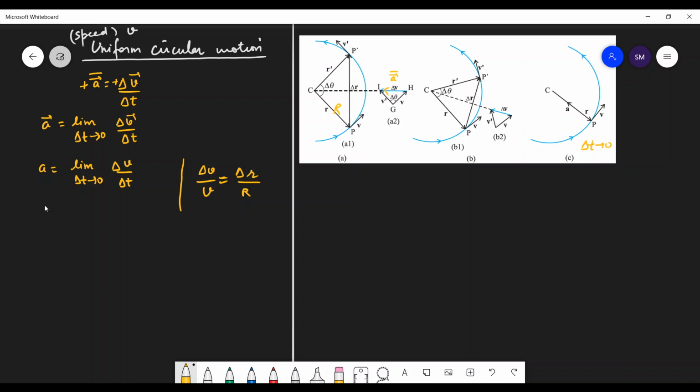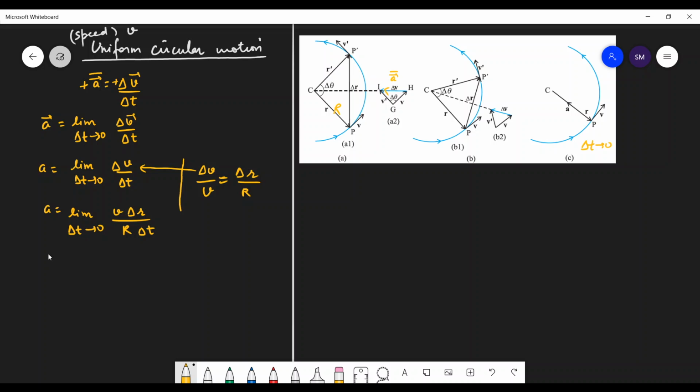What do I get? Putting this delta V over here, I get a equals limit delta T tends to 0, so this V will go that side, V delta R upon R. So that's the value of delta V. And delta T is also there in the denominator.